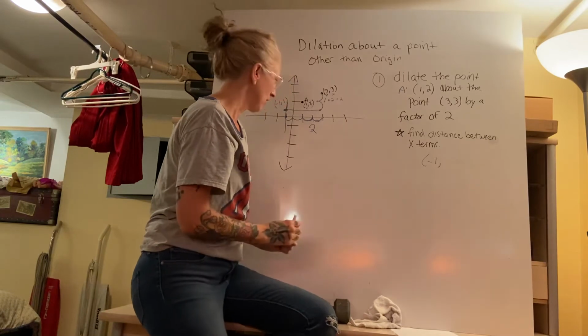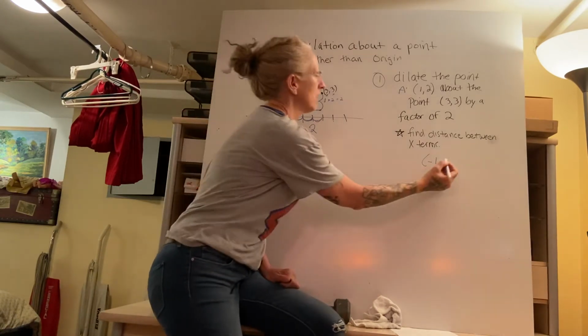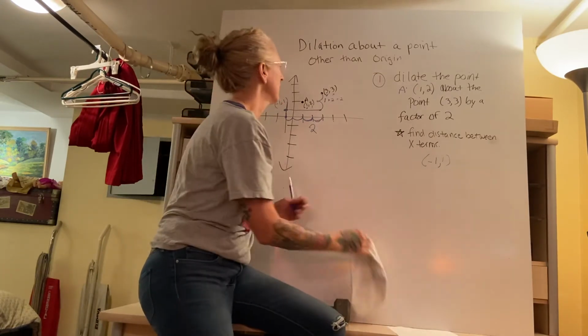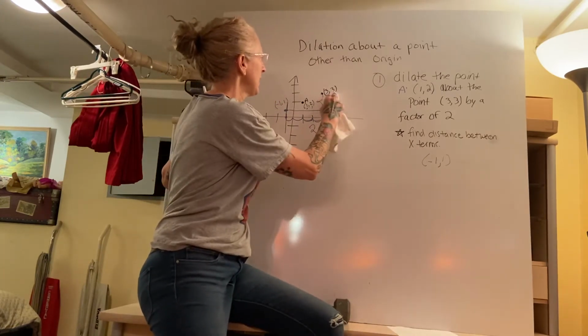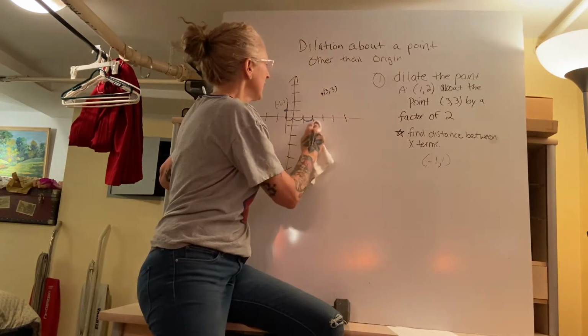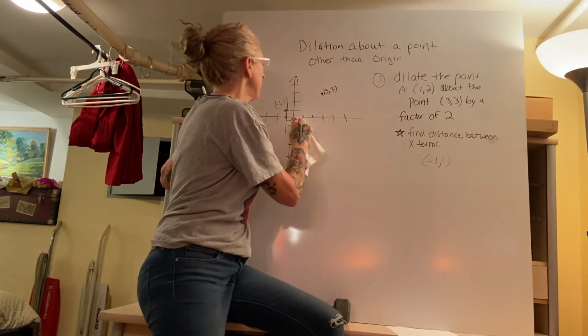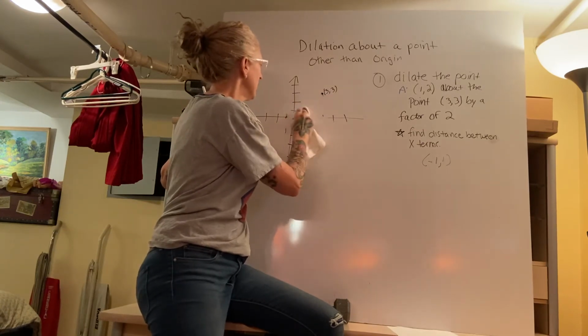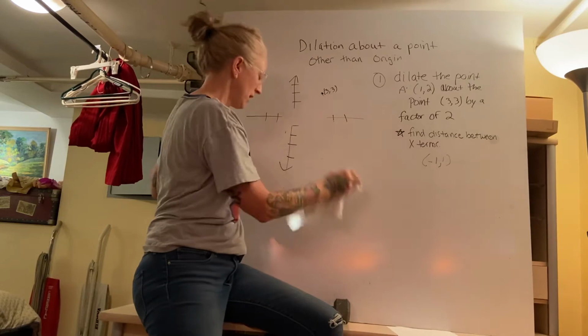Okay, so our new point here was (-1, 1). Let's do another point. We'll use the same factor and the same point around which we are dilating.